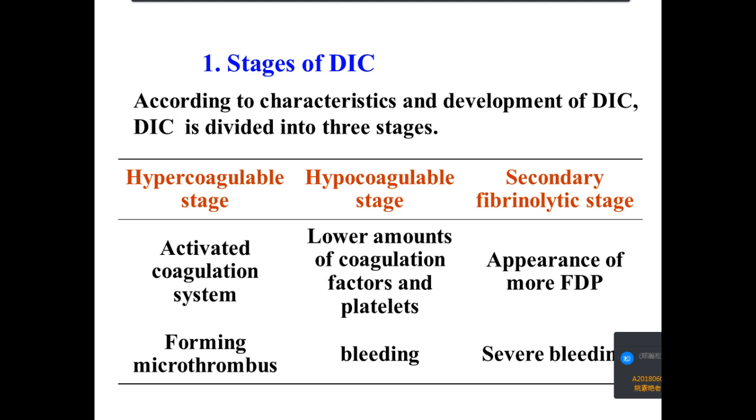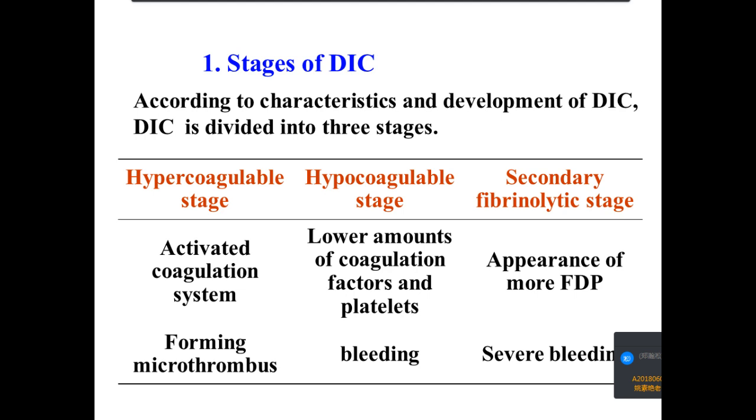Coagulation function begins to decrease, so there is no more microthrombus and there is hyperbleeding. Next the fibrinolytic system is activated. Plasmin increases. Plasmin also hydrolyzes fibrin and forms FDP, so it leads to bleeding. FDP has anti-coagulation function, so it leads to more bleeding. So during the secondary fibrinolytic stage, there is more severe bleeding.